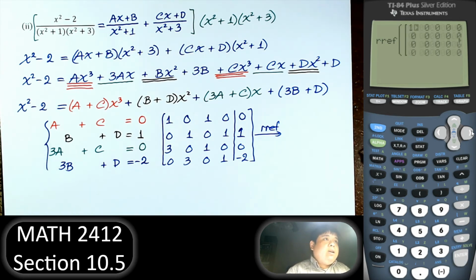Right, 1, 1, 1, here's 1, and here's 1. Three and 1. 3, 1, and negative 2.